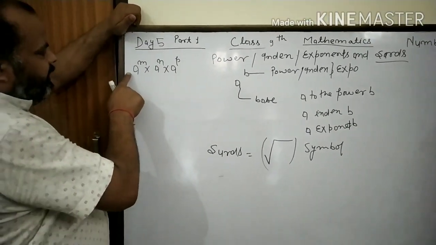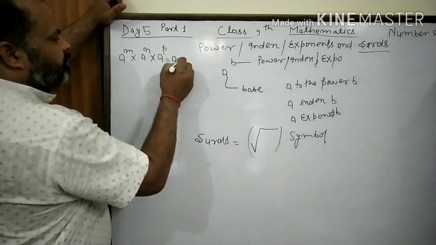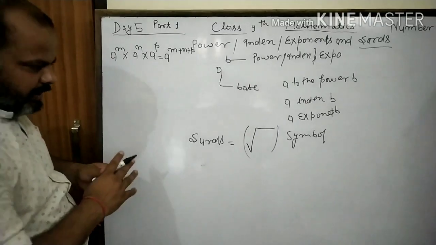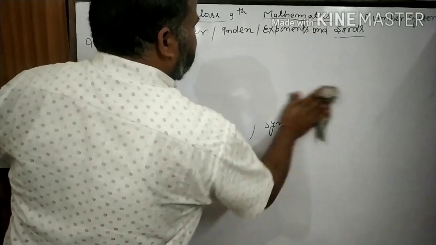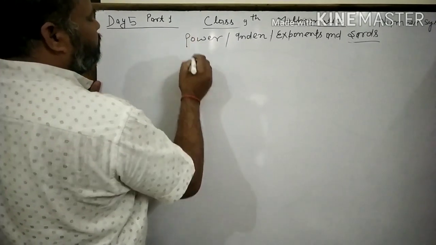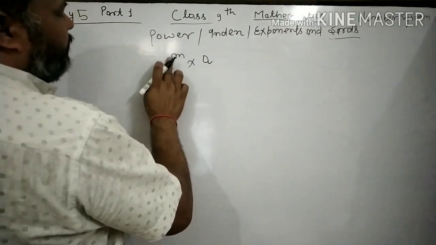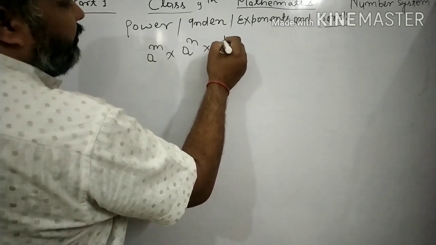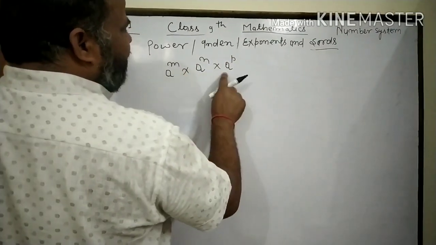What you see here, all the bases are equal but the powers are different and they are multiplied.